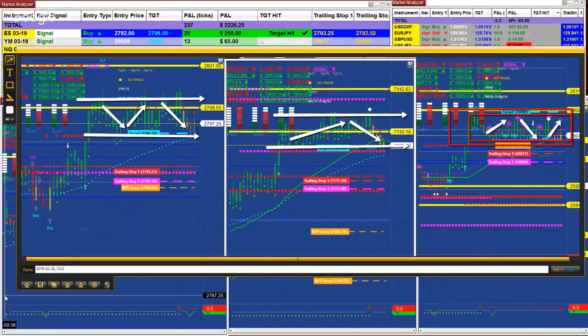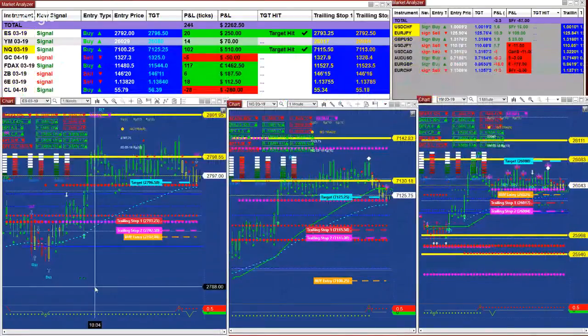So right now, those are the levels, folks, for the Nasdaq, ES, and Dow Jones, and they are not touchable right now. There is nothing we can do. We should wait until the market gives us some kind of direction.